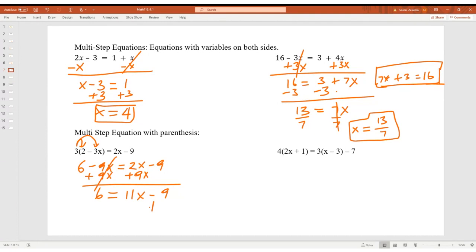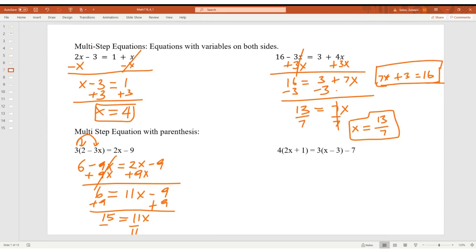I have to add 9 on both sides. So 15 equals 11x, then divide by 11. Two-step equation. That's simple. So x equals 15 over 11. Okay, that's how we solve equations with parentheses. Any questions so far?